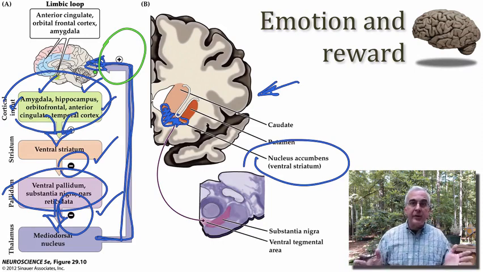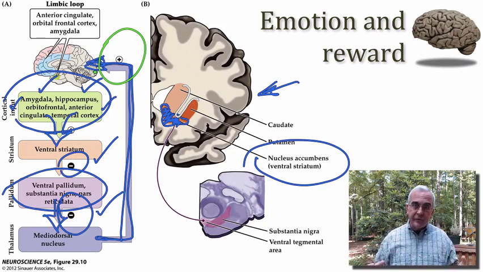That is, we know something good's about to happen, and there's some kind of a shift in our emotional set. And it's that shift played out in this circuitry of the orbital medial prefrontal cortex that we think is really the instantiation of a rewarding experience.